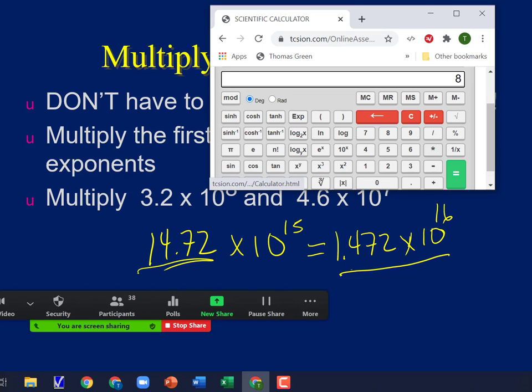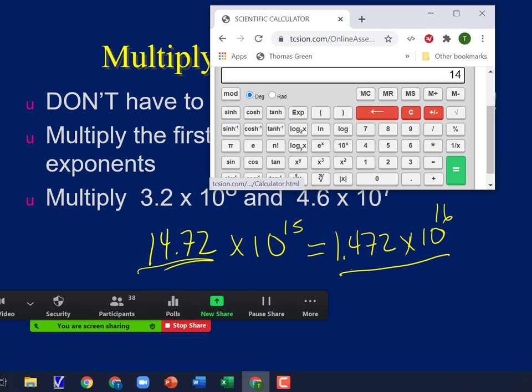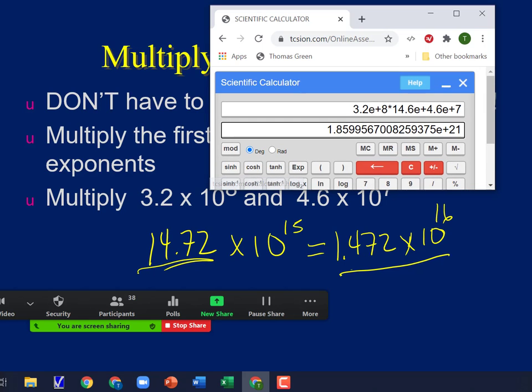On my calculator, it multiplies as a star. Oh, sorry, got the wrong one. So let's go backward. I'm doing the answer. 4.6 exp 7. Well, that's not right. Something happened here.